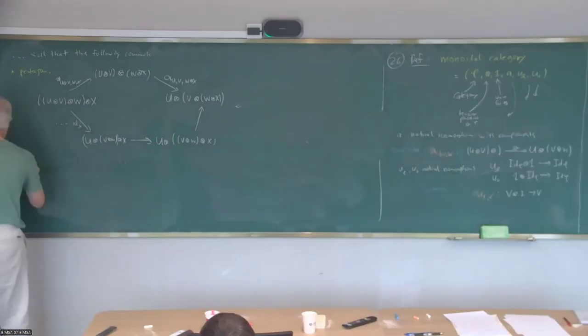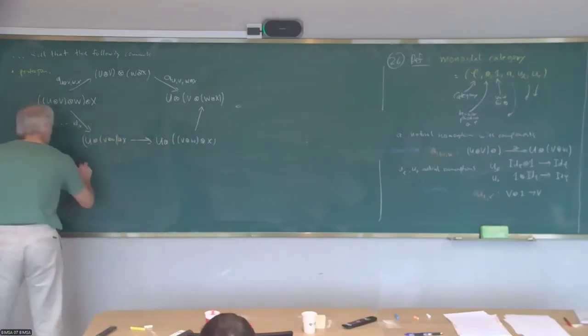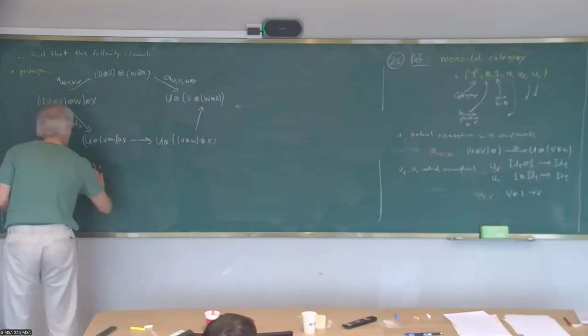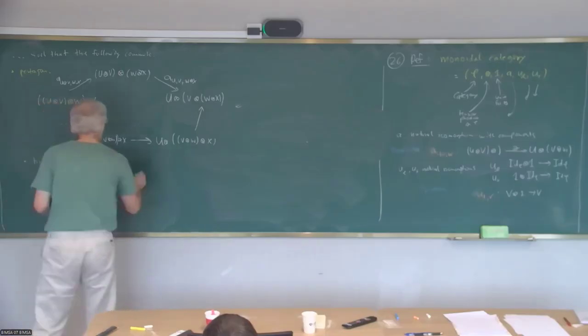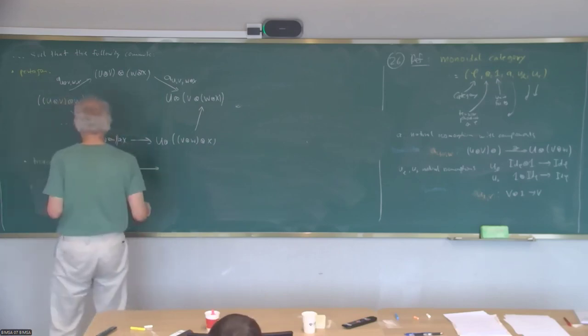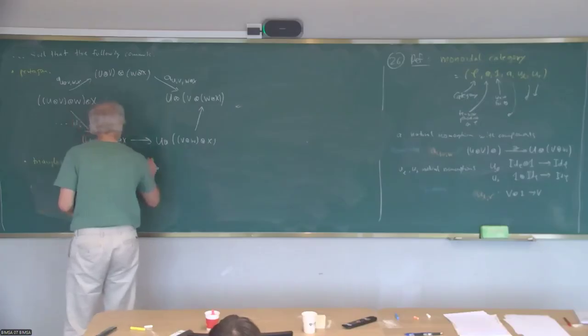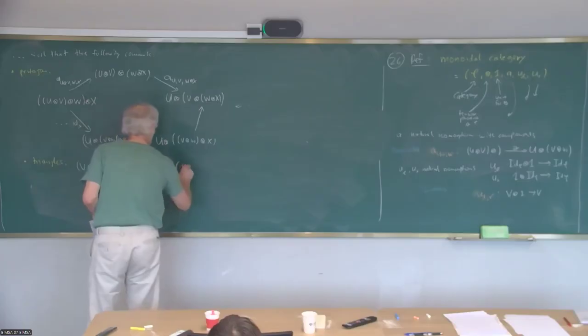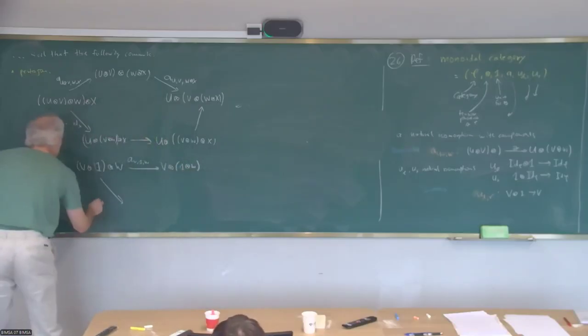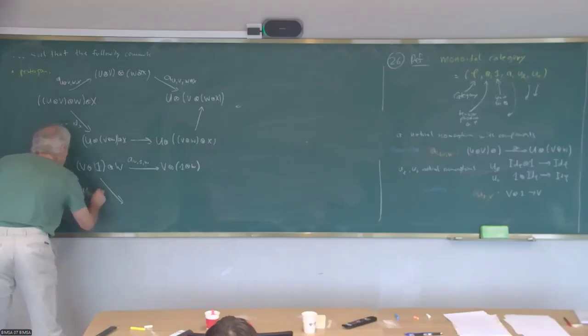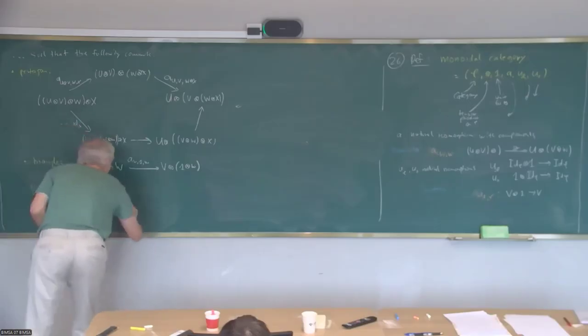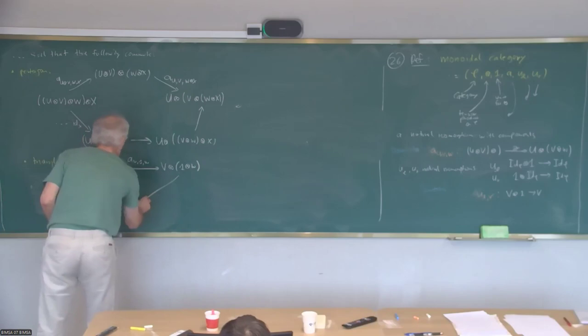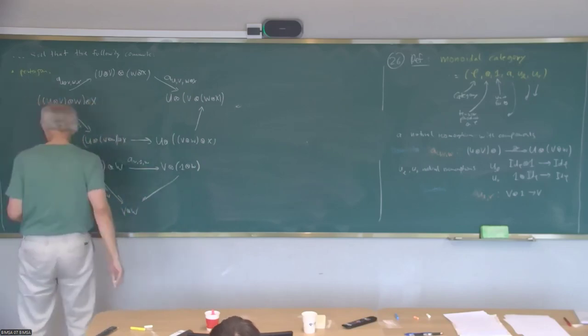Pentagon, and then you have two triangles, which involve besides the associator the uniters, namely if you consider tensoring with one, then tensoring, say, from the right, and then with something else, then of course via A, V, 1 and W, you get to V tensor 1 tensor W. But if you take here the UR V component tensored with the identity on W, you get to V tensor W. And why did I say 3?